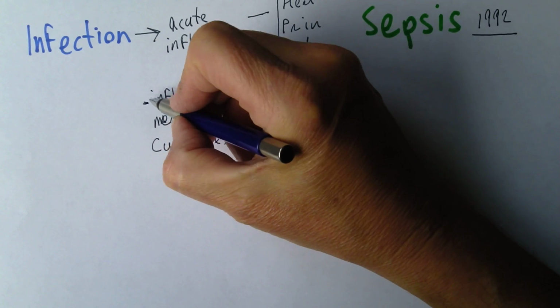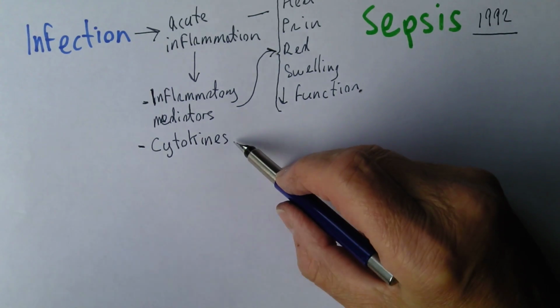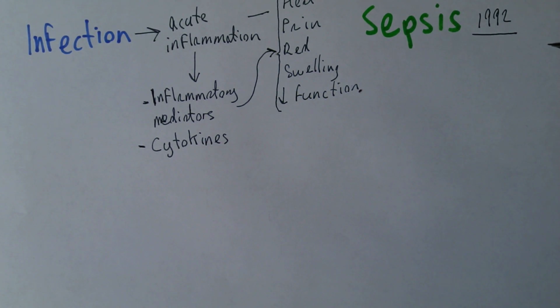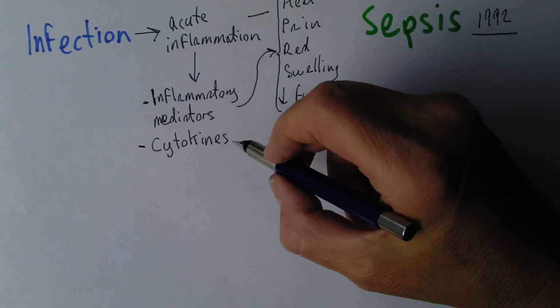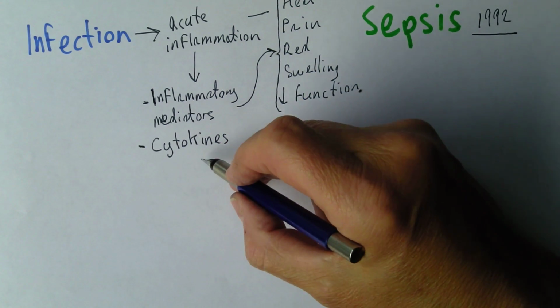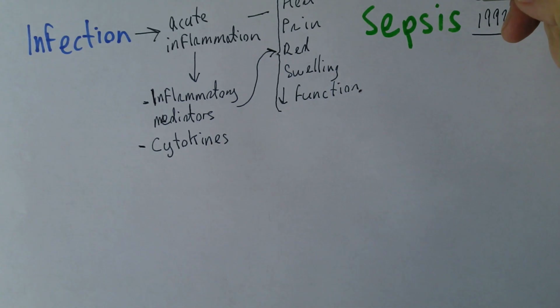So there's inflammatory mediators and there's cytokines. Now cytokines are small proteins, small polypeptide units, and they communicate between cells. So these are chemical agents produced by one cell, detected by another cell.